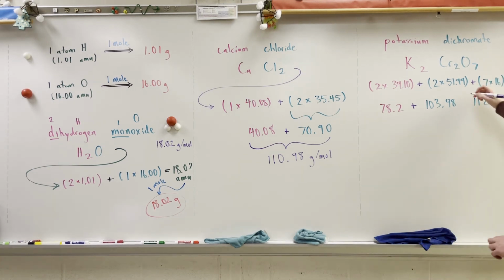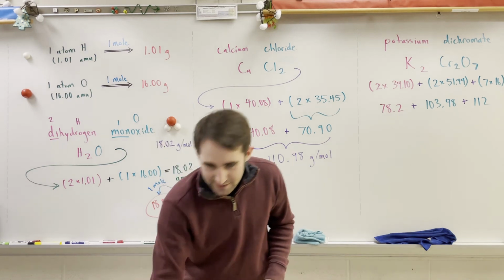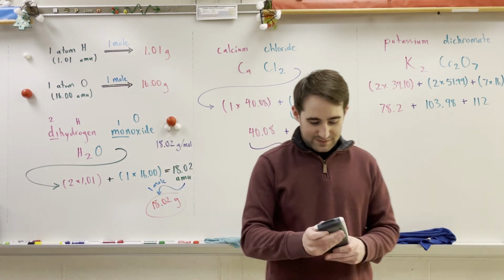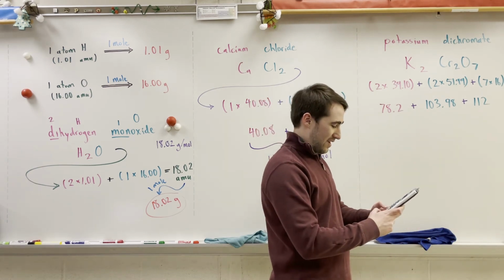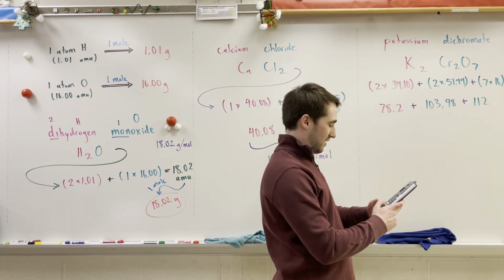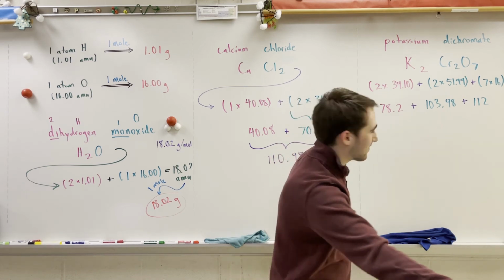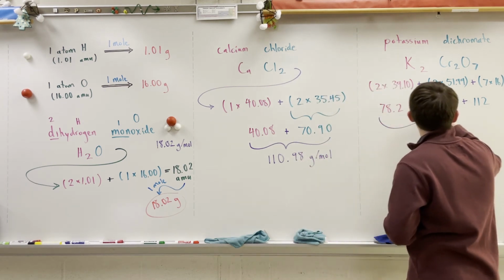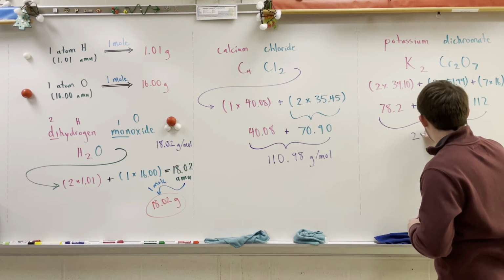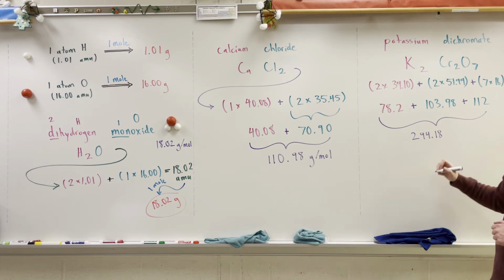Something like that. All right, so I go plug this into a calculator. Pick your favorite. Got mine right here. So 78.2 plus 103.98 plus 112 gets me a molar mass of 294.18 grams per mole.